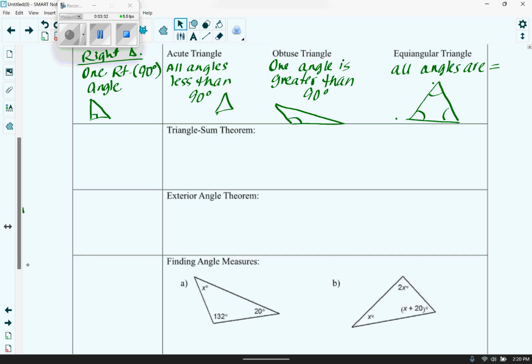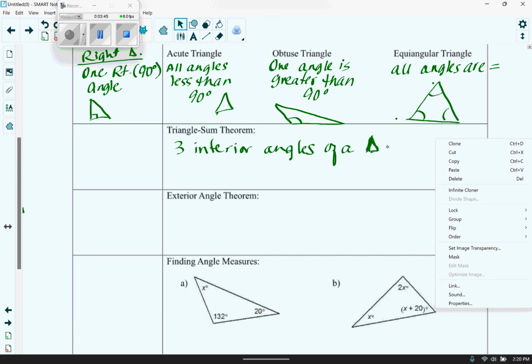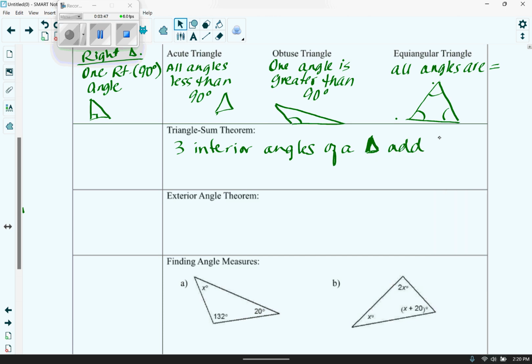Now the triangle sum theorem: the 3 interior angles of a triangle add to 180 degrees. The exterior angle theorem, I think we did this earlier.